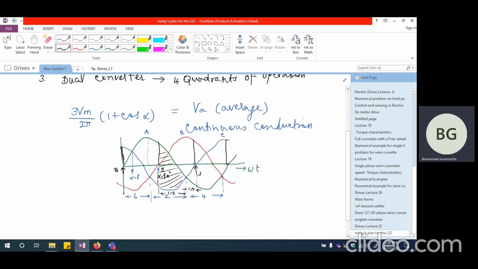So if I try to look at what is the kind of DC voltage I am getting, I'm going to get from here until here, where VAC becomes 0 at this point. This is going to be VAC.